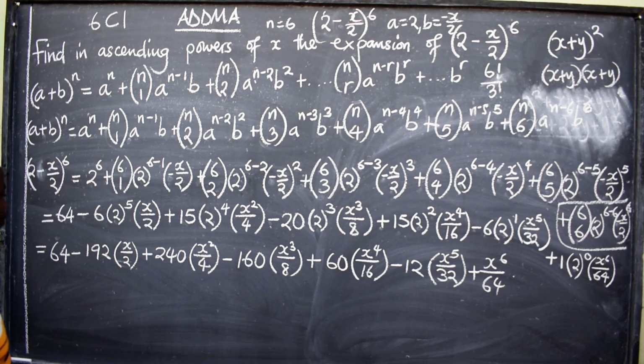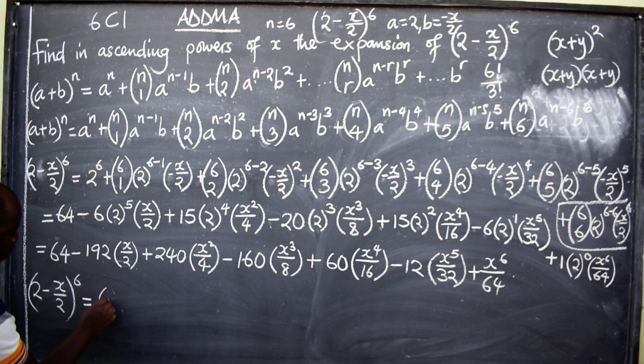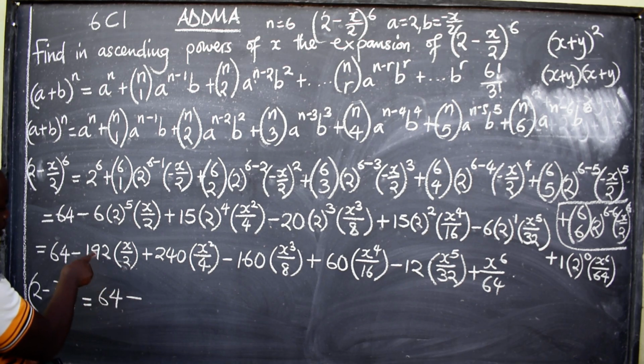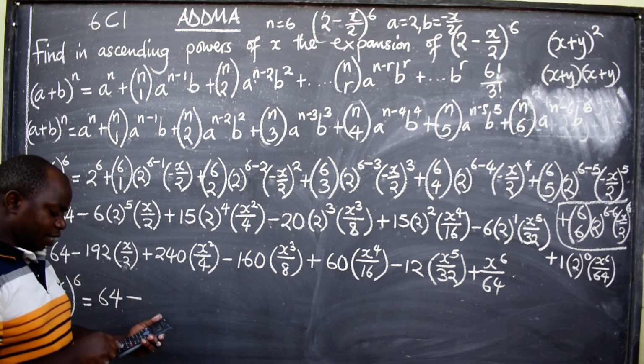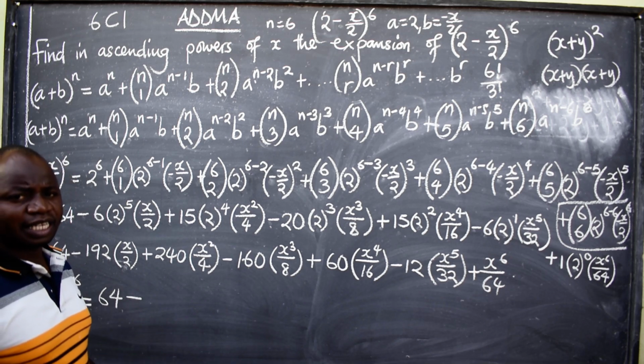I'll come back to this and reduce them further, which will now be this expansion. I can now say 2 minus x over 2 raised to the power 6 is equal to 64, minus, we have 192 and a fraction here, so it means 192 divided by 2. 192 divided by 2, I'm going to get 96.